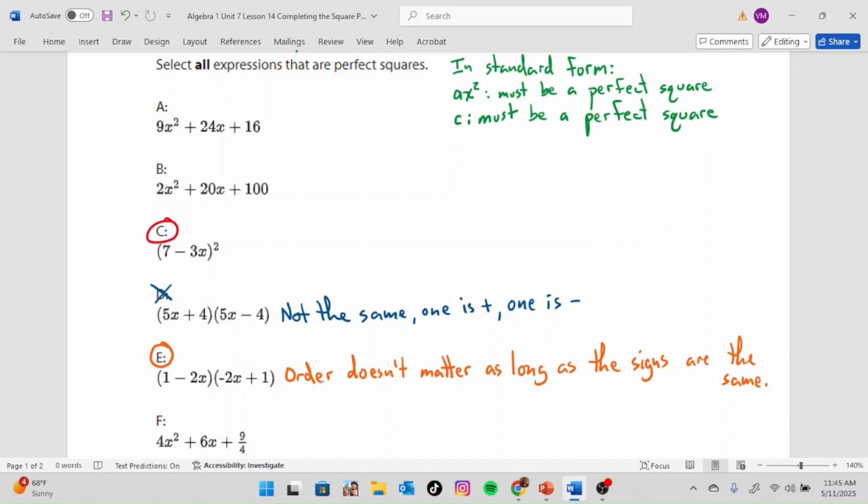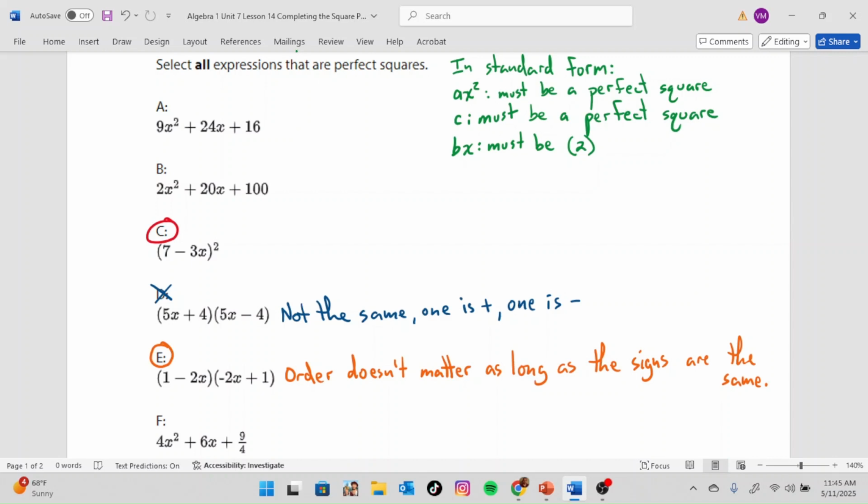You must be able to create your C term by multiplying something by itself. And then your BX term must be 2 because you're going to multiply the linear term in one factor by the constant in the other.